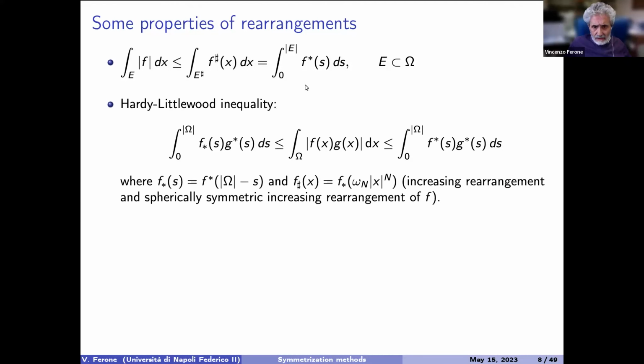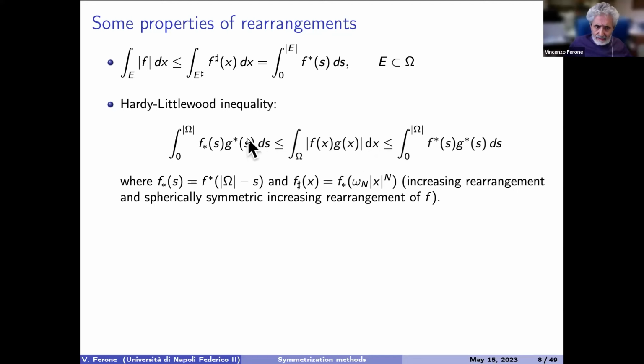Then another important inequality is the so-called Hardy-Littlewood inequality. This says that the integral over omega of the product of F and G increases when you rearrange F and G in the same way, so that under the integral there is F star and G star on the right-hand side.